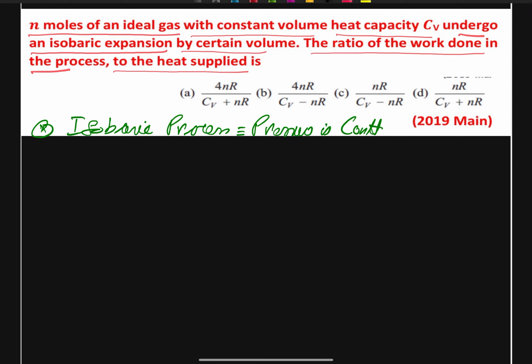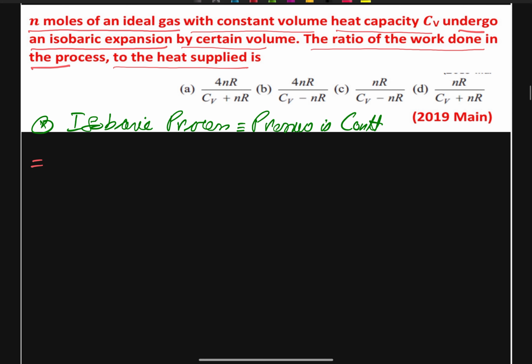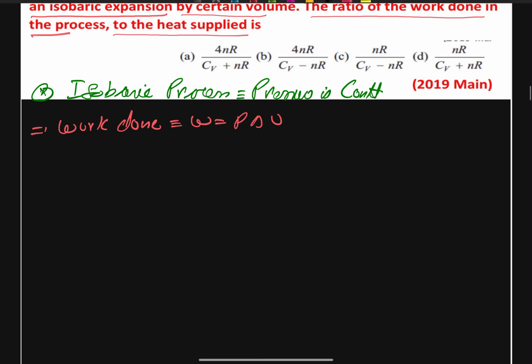Therefore, we can say our work done, which is our W, will be equal to P times delta V, and our heat supplied, which is our Q, will be equal to n C of P multiplied by delta T.